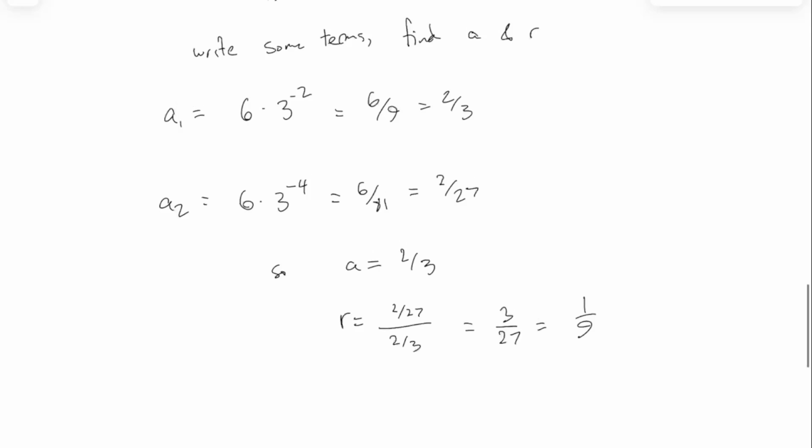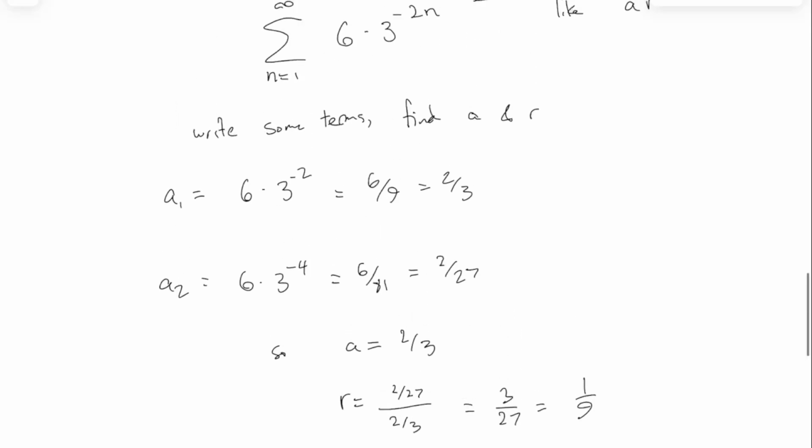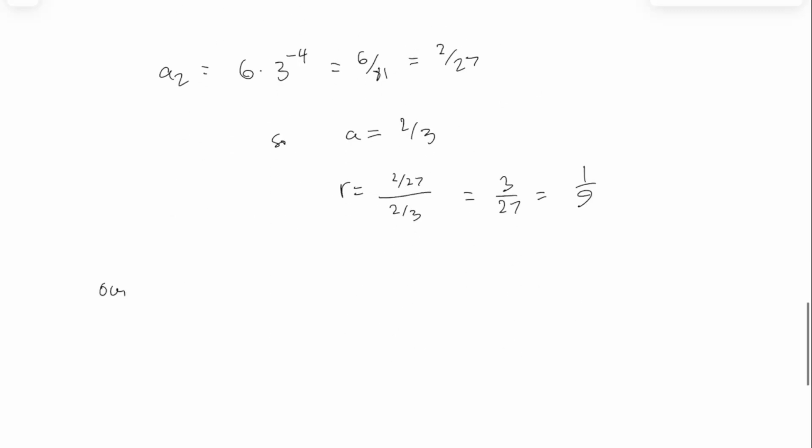So it means this original series written in this somewhat inconvenient form is the same as a, which is 2/3, times 1/9 to the n minus 1. All right, so our series is the sum of 2/3 times 1/9 to the n minus 1, right?